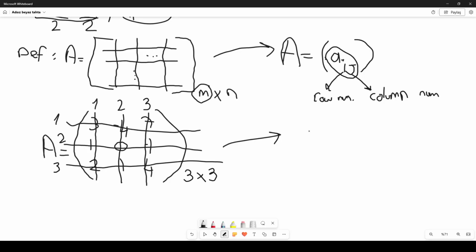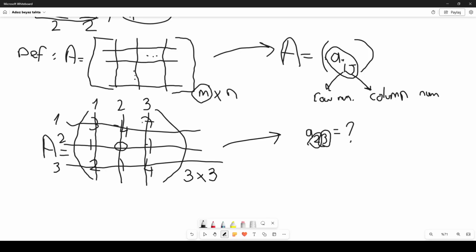So if I want to find the value a_23, how can I find it? As I pointed out earlier, if a_ij corresponds to the values of the matrix, then i corresponds to the row number, which is the second row. So I will look for the value in the second row and the third column.